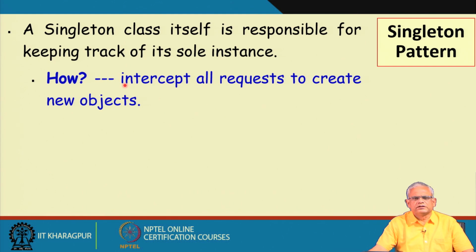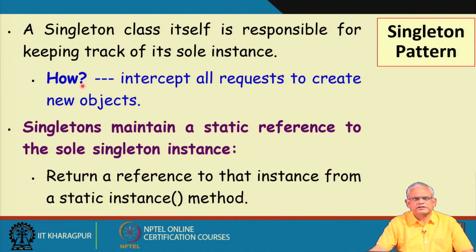That means the constructor for the singleton object must be private, and the only way somebody can create it is by using the getInstance method, which checks if the object has been created. If not, it creates it, otherwise it just sends the ID of the object that has been created.